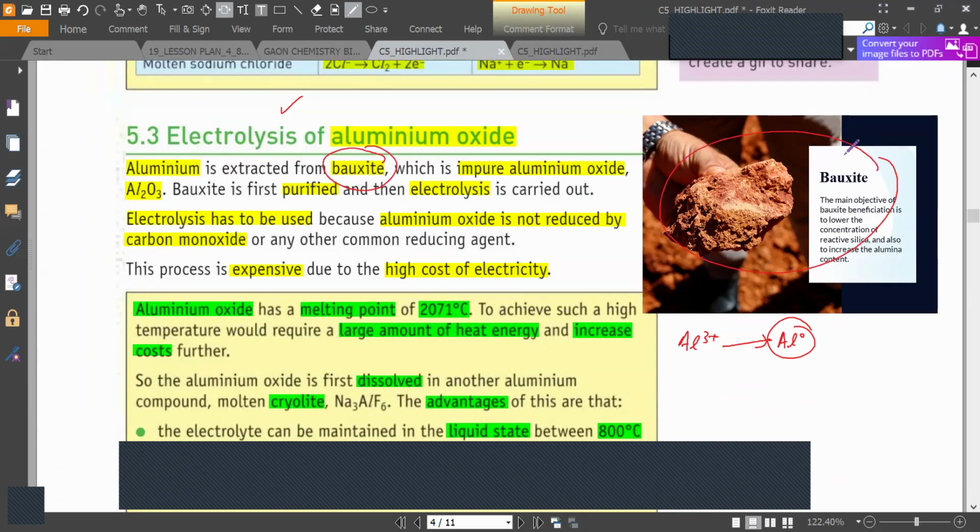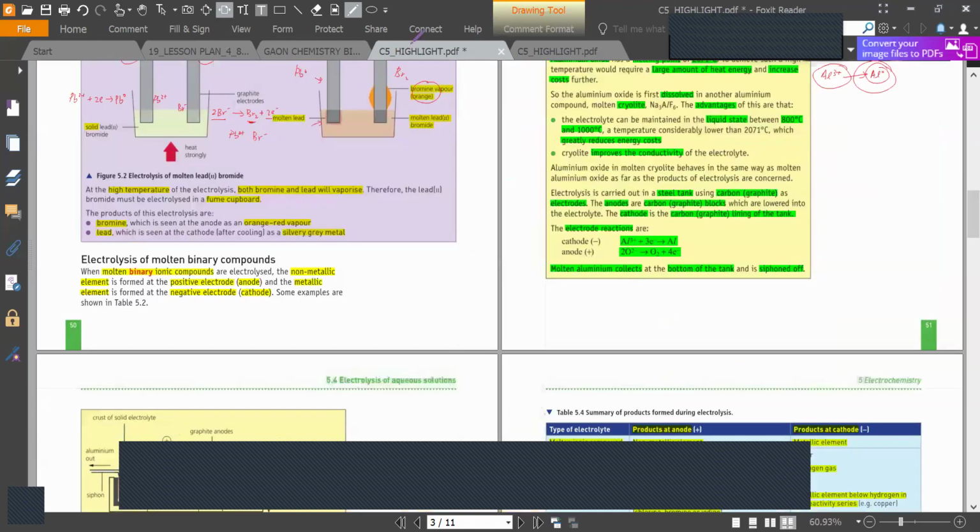It looks like this, and it looks nothing like a metal. So we need to go through the electrolysis to get the shiny metal. Next.